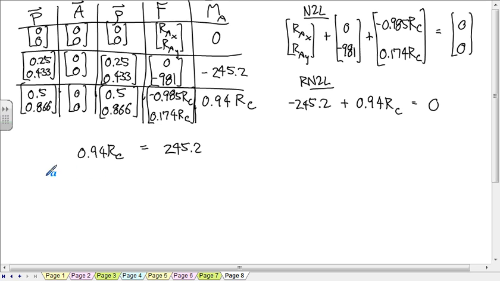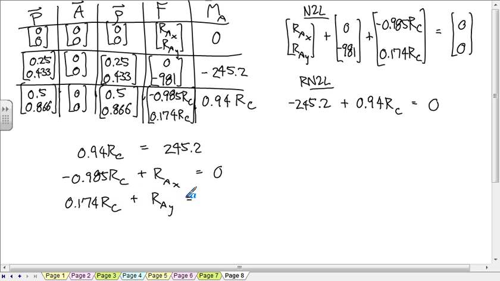And then we have negative 0.985 RC plus RAX is equal to 0. And then the third equation is 0.174 RC plus RAY is equal to 981. Okay, so there's equation 1, equation 2, equation 3.